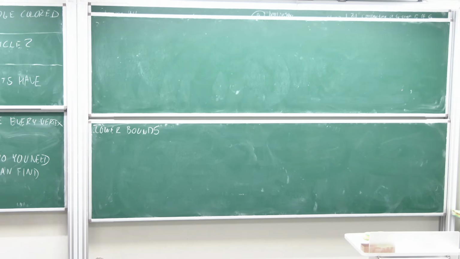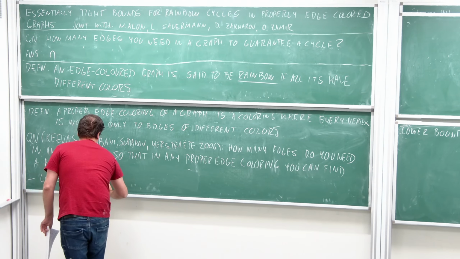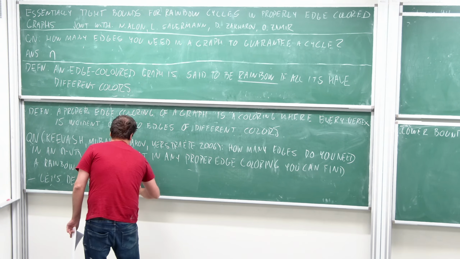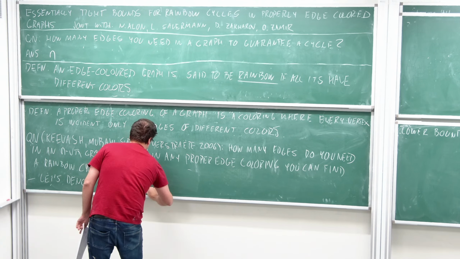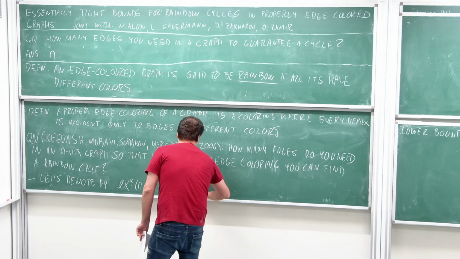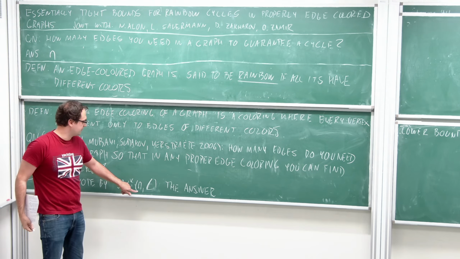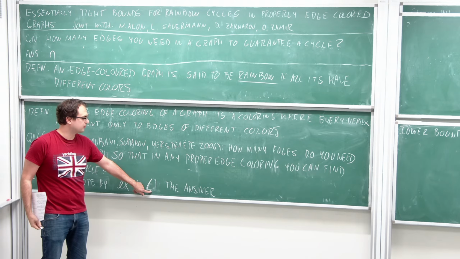Actually, I forgot, I want to define that. Let's denote by ex* of n and C the answer. So this is my rainbow Turán number on n vertices of the family of all cycles.